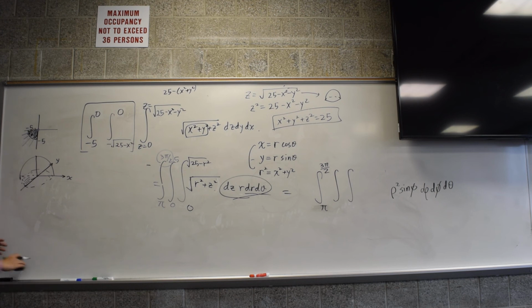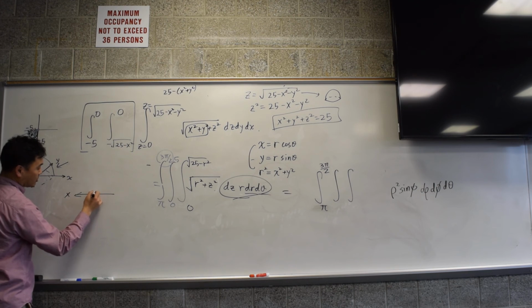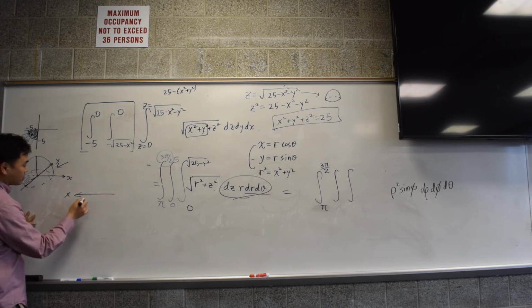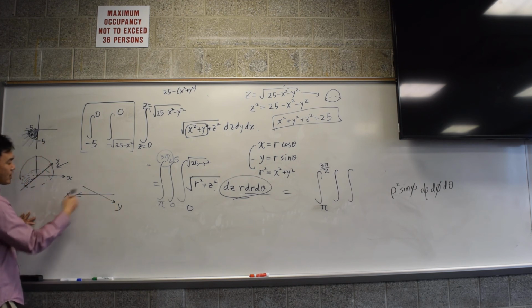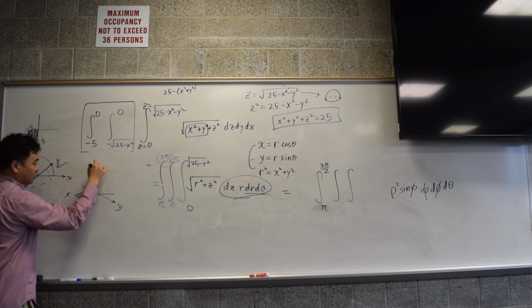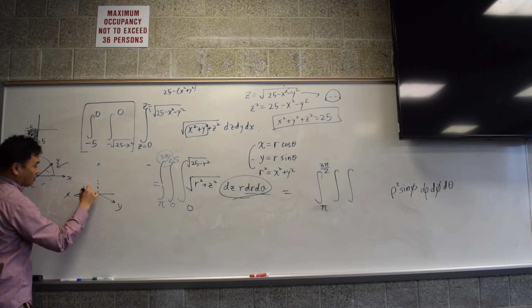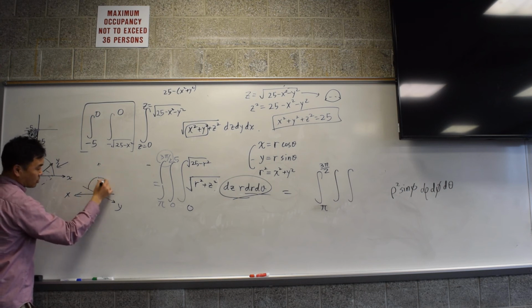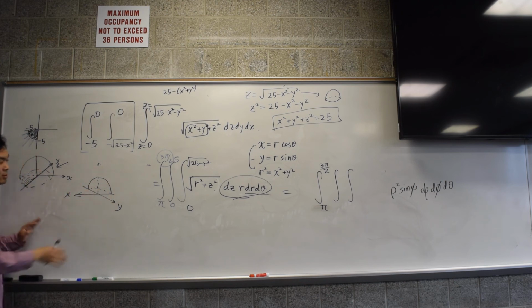If I look at it this way, I think that's better. If x is that, and y is that, and this is your z, then what you have is a quarter circle here, a quarter circle there, and it's part of the sphere that's chopped.